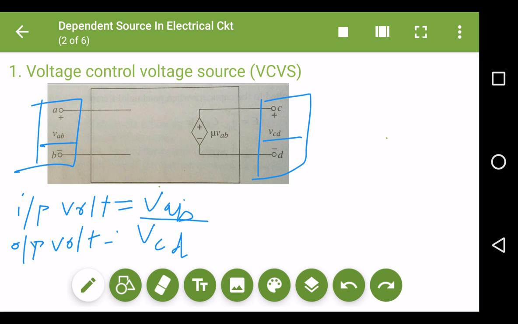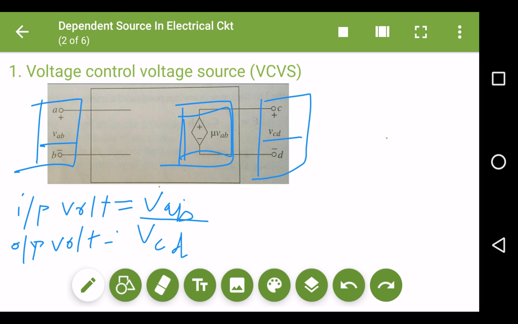Remember, this is the symbol which you can see in your circuit. They will not provide this whole thing, but this is the only thing that you can see in your circuit, and you have to guess that if I'm looking at this in my circuit, it must be some control voltage or control current device.